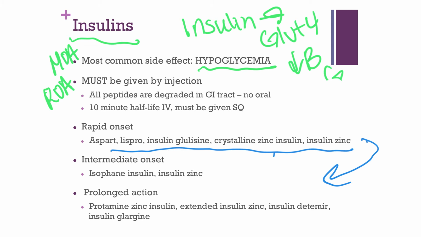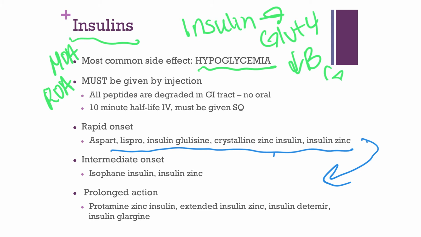So we can really alter the pharmacokinetics just by putting different things in with it and then giving it different ways. A rapid onset would be used before a meal to cover the normal insulin spike that would occur physiologically with a meal. Whereas intermediate onsets would not be used so much for prandial administration.